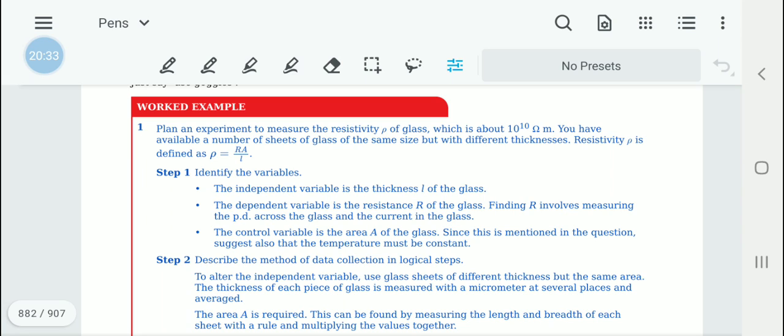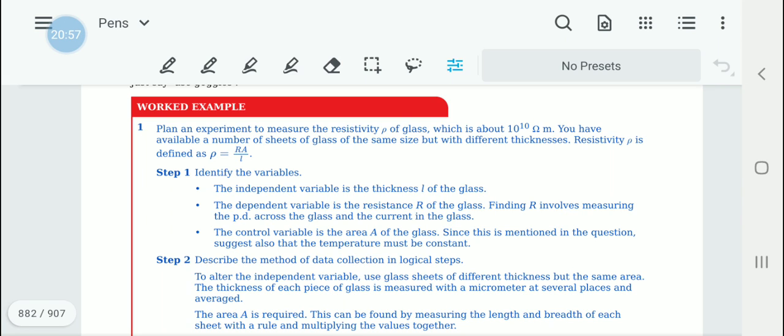You have available a number of sheets of glass of the same size but with different thicknesses. Resistivity is defined as resistivity rho equals Ra upon L. So they have given the equation.